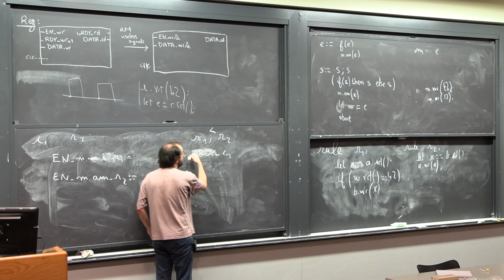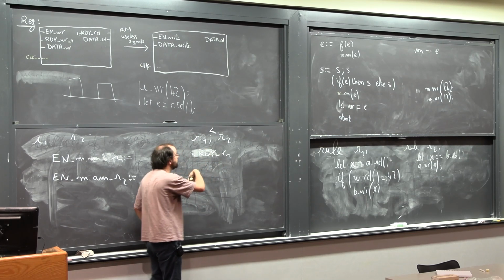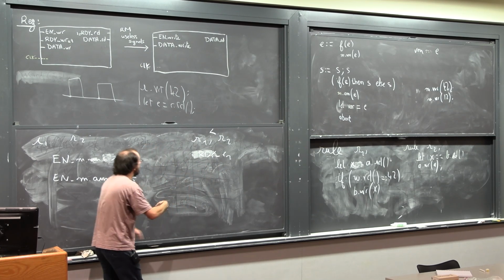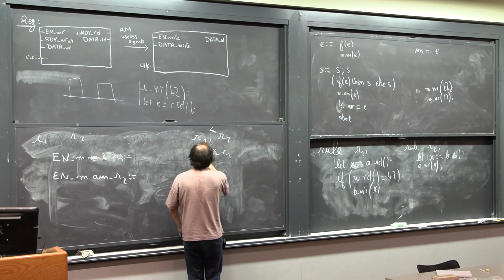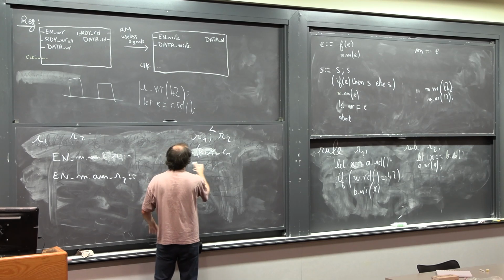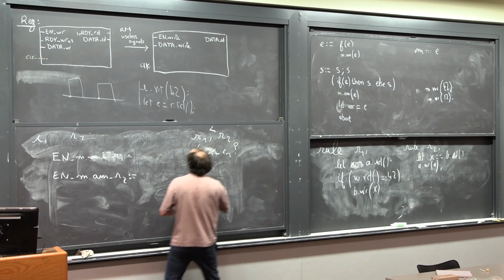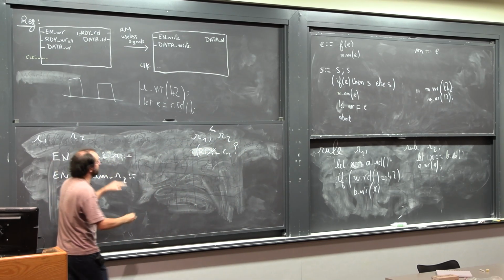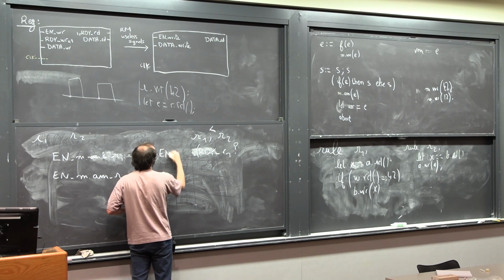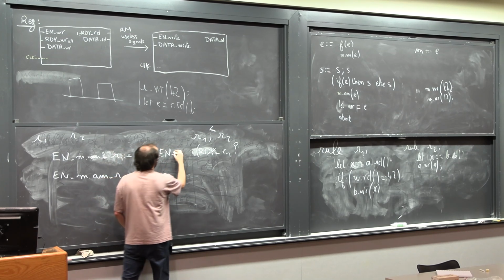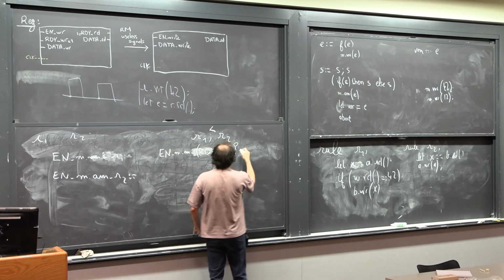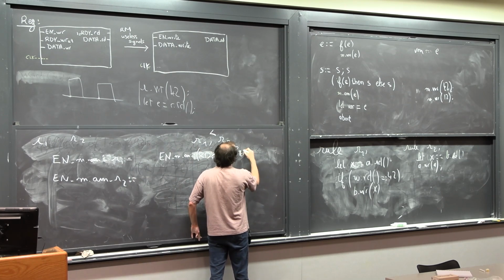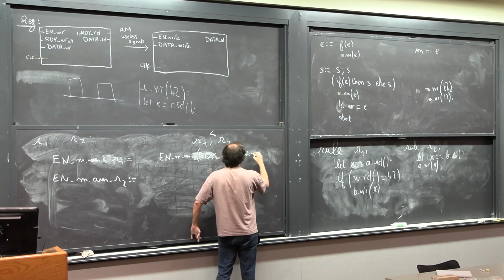And if it happens to be the case that R1 is ready, then all the enables are going to be the enables that come from R1. So the real enable of AM is going to be the one that comes from R1. And same thing for all the other signals.